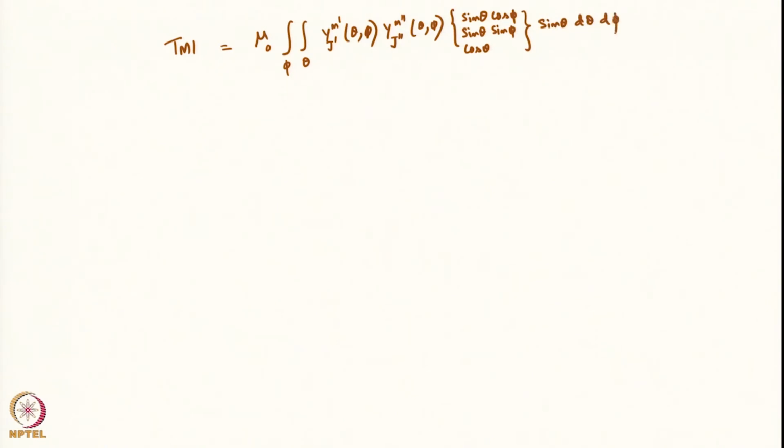Now there are 3 integrals, 1, 2 and 3, and one of them must be non-zero, and when you evaluate, what appears is delta j is equal to plus minus 1 and delta m is equal to 0. So that is the selection rule.